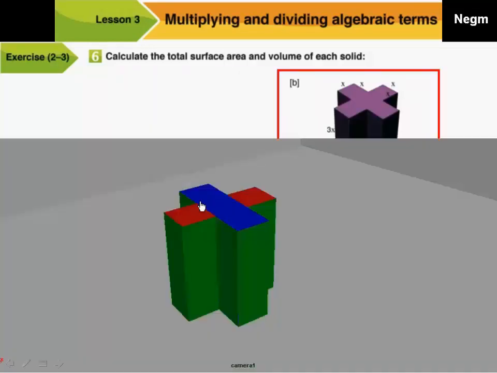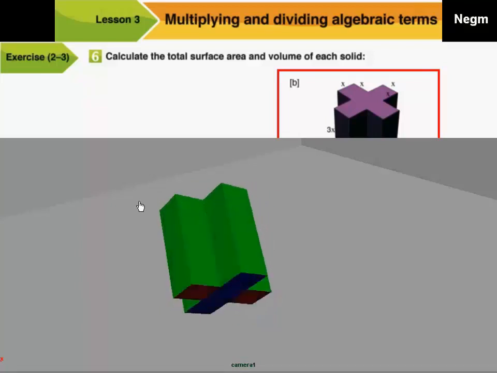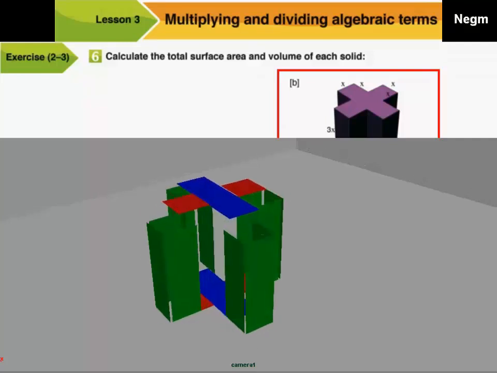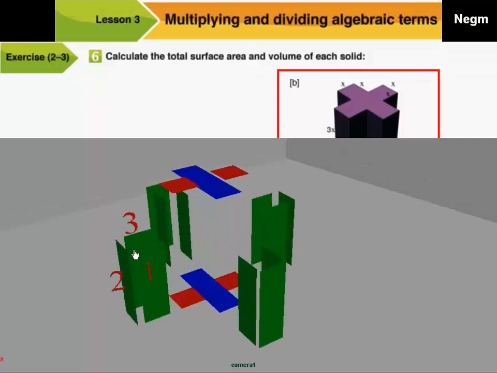For this figure, you will see it is composed of 12 rectangles and 2 bases. 1, 2, 3, 4, 5, 6, 7, 8, 9, 10, 11, 12, and 2 bases.